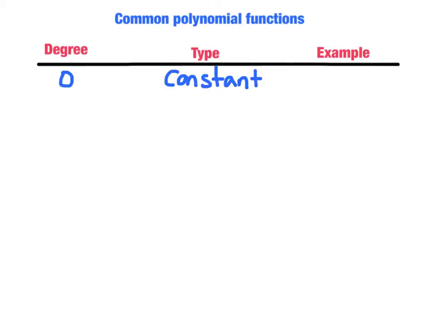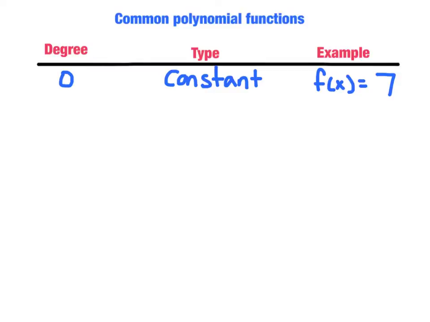And this just looks like f of x is equal to 7. Just some number, no variables. So the highest degree of any exponent is 0, because we can imagine that there's a little x to the 0 next to that 7. But x to the 0 is equal to 1, so we don't have any x terms.